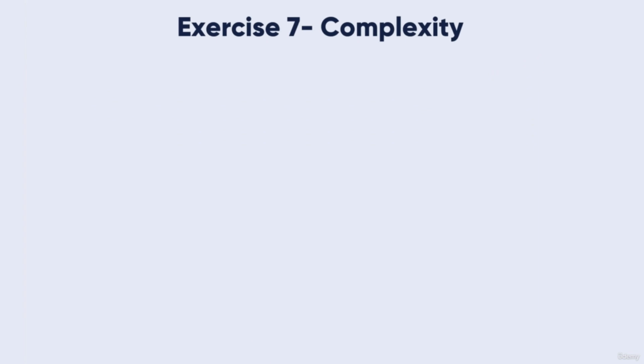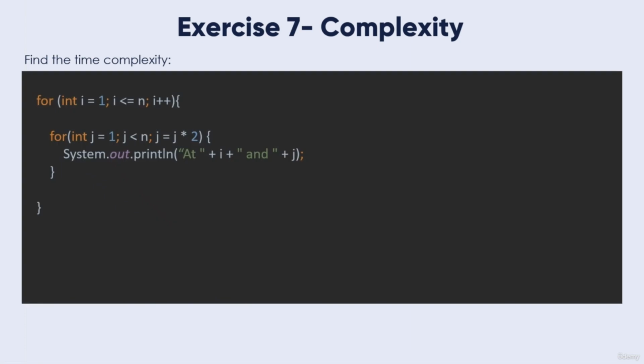Hello, my friends, and welcome to exercise number 7. In this exercise, we are going to find the time complexity of this algorithm. So this algorithm is containing two nested loops. The outer loop is a for, and the inner loop is a for, but it prints with system.out.print at I and j, printing the values of I and j.